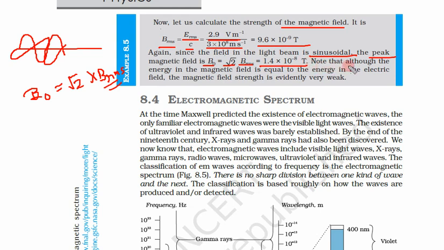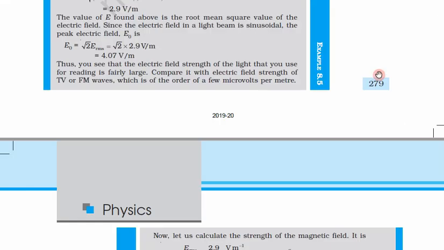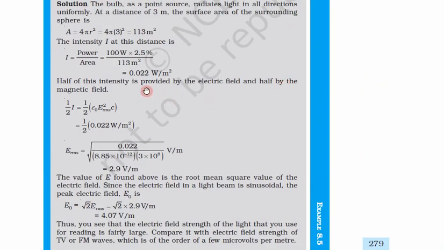small. Note that although the energy in the magnetic field is equal to the energy in the electric field, the magnetic field strength is evidently very weak. So we know that the energy in both these fields is equal. Initially we assume that half of the intensity, or half of the energy, is in the electric field and half of the energy is in the magnetic field.